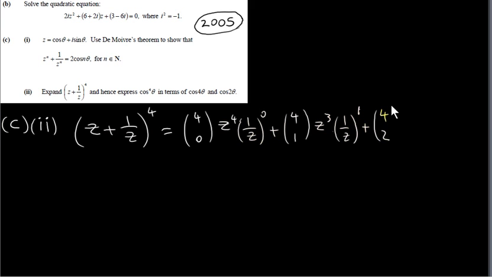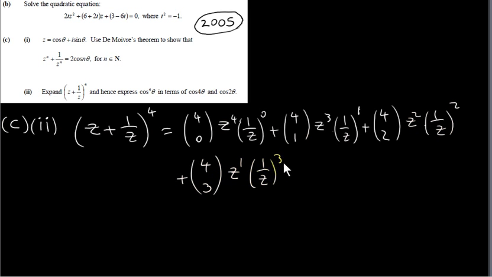Then we have 4c2 times z squared times 1 over z squared, plus 4c3 times z to the power of 1 times 1 over z cubed, plus 4c4 z to the power of 0 times 1 over z to the power of 4, and this is the last term. So you see that we're decreasing the power of z from z to the 4 down to z to the power of 0, and we're increasing the power of 1 over z from 1 over z to the power of 0 to 1 over z to the power of 4.